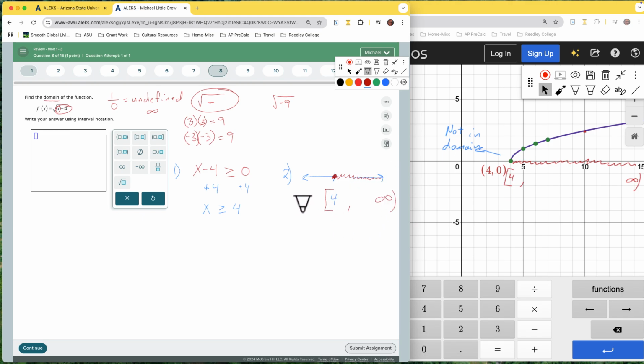So there's our interval notation: a bracket on the left side, a parenthesis on the right. We put in our number 4, and then positive infinity over here. And that is how we do the domain of a basic square root function.